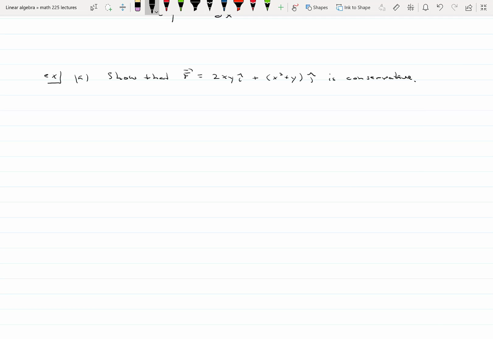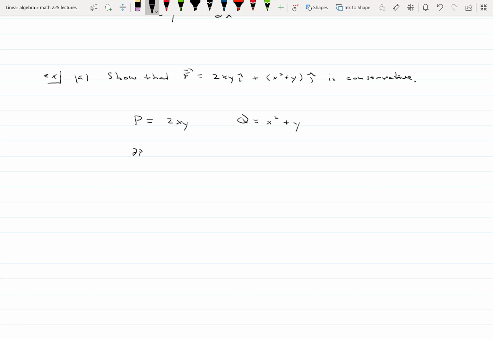Okay, so here's our first part of this example. Show that the function F equals the vector whose components are 2xy for i and x squared plus y for j is conservative. We're going to use our test for a conservative vector field. So p equals 2xy, q equals x squared plus y.